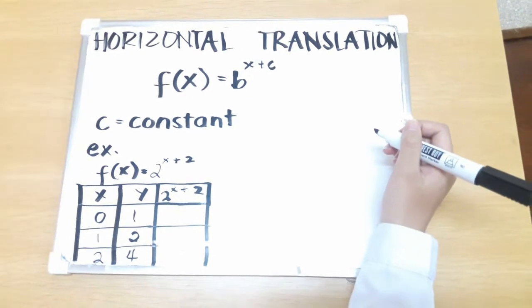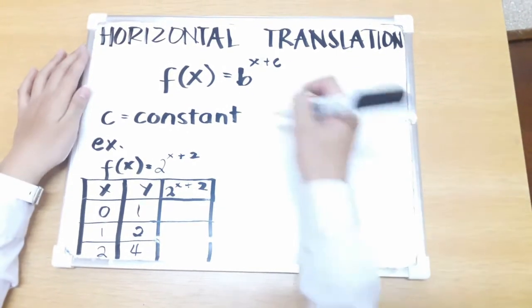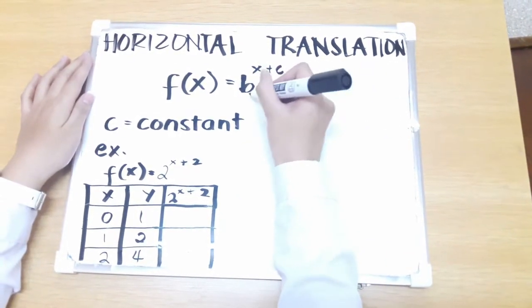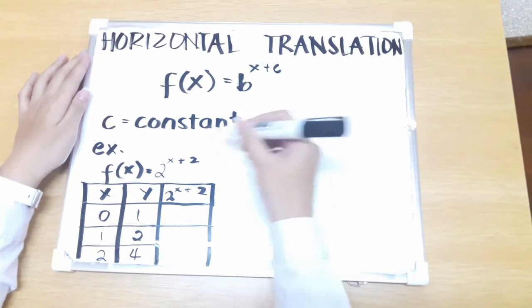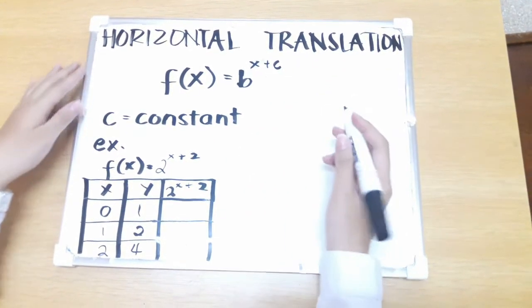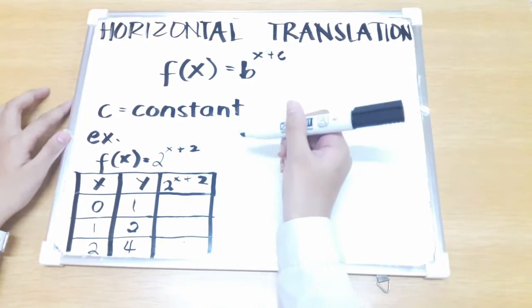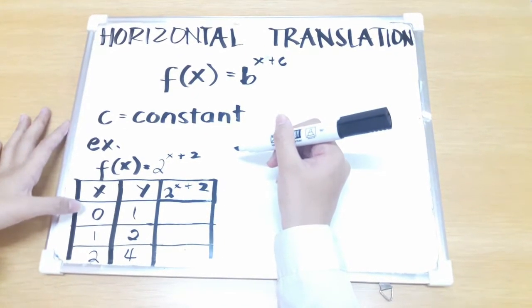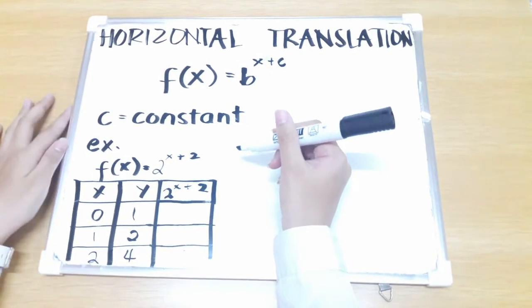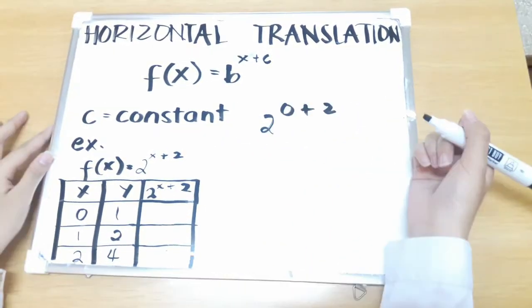Now let's proceed to horizontal translation, wherein the equation would be f of x is equal to b raised to x plus c. The constant would be on the exponent. Let our first example be 2 raised to x plus 2, wherein I use the same values of x as I did in the first part.